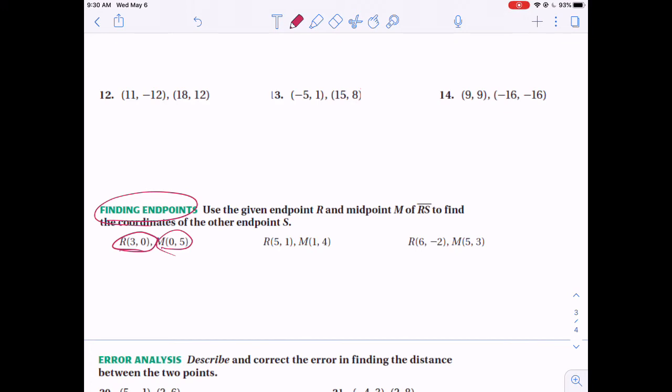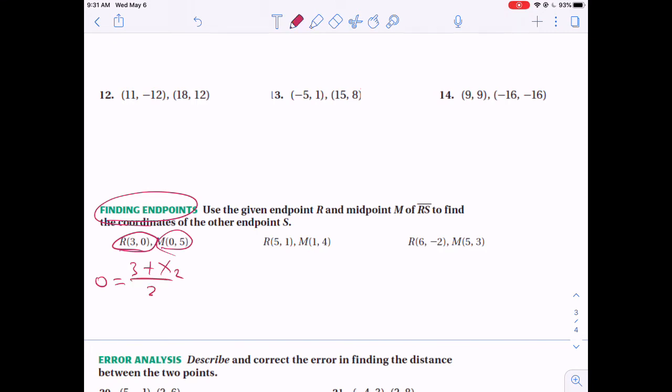So again, the formula is up above. The x value of the midpoint is going to be 0. That's going to equal the x value of this 3 plus the unknown x, so we'll call it x2, divided by 2. Again, these two values here are the x values for the two endpoints. Well, I don't know the one endpoint. That's why I call it x2. And of course, I'm dividing by 2 here.